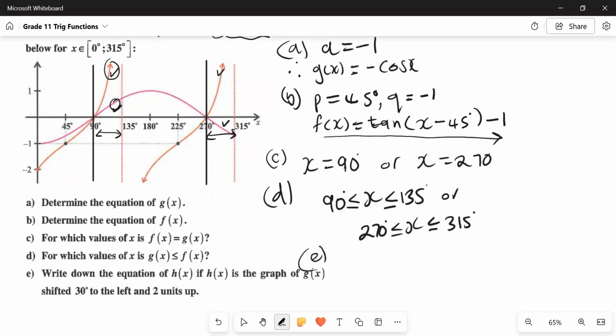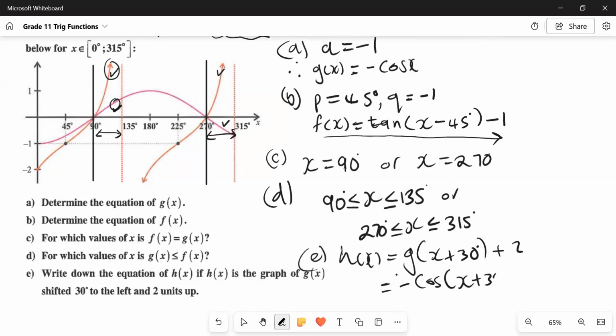Now, h of x, you will have your g, but now x plus 30, and then plus 2. But remember our g, we have your negative cos. Then this is negative cos of x plus 30 degrees, plus 2. And then we've answered all the questions.